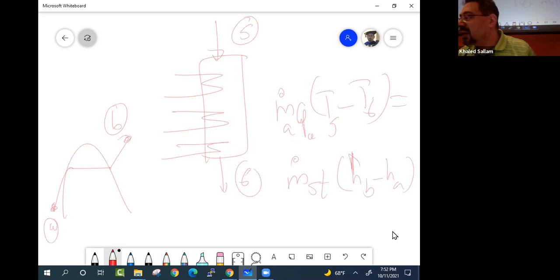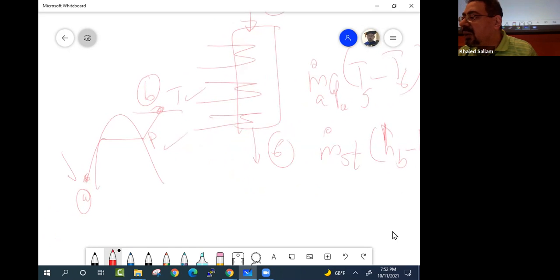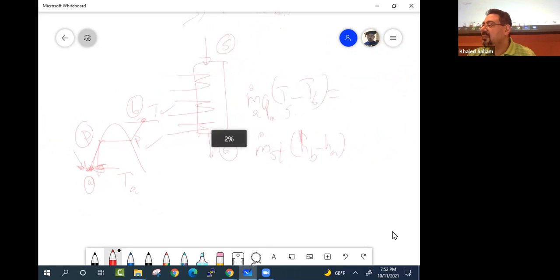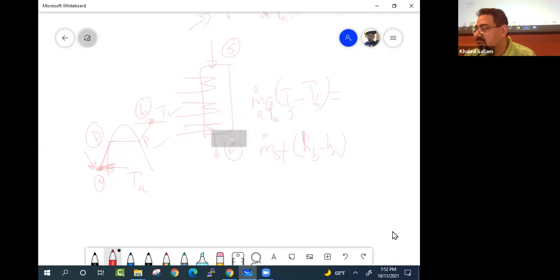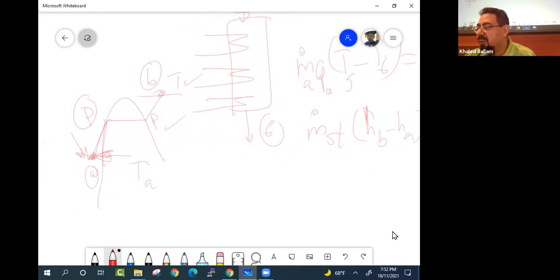So HB, we know the pressure, we know the temperature. Point A, we know the pressure and the temperature. The temperature of the point that will actually go to the boiler will depend on what will decide the temperature of the water going to the boiler.